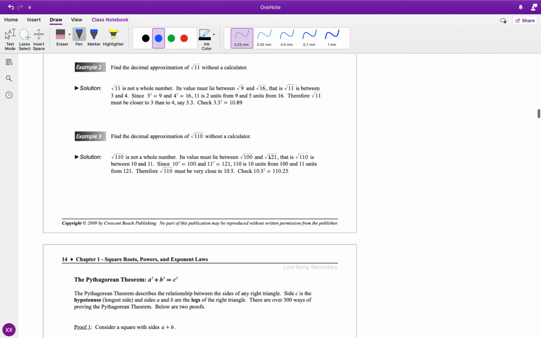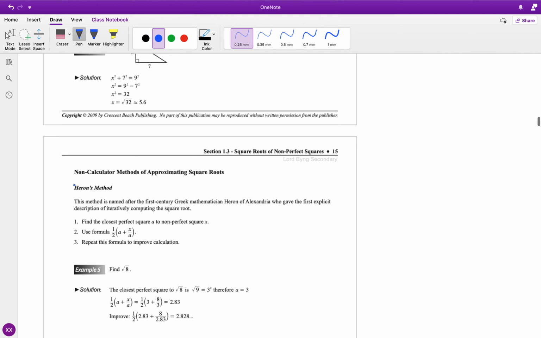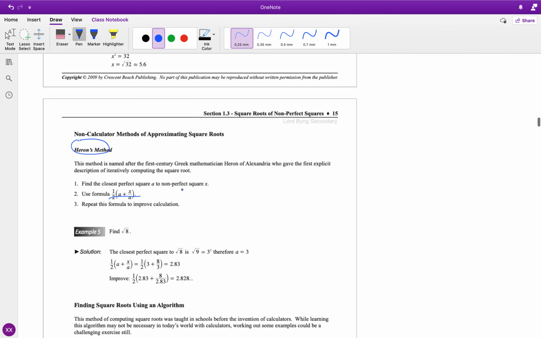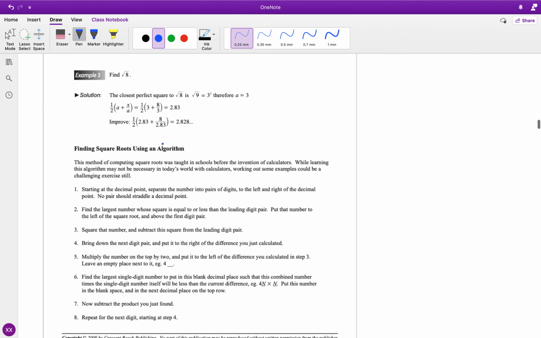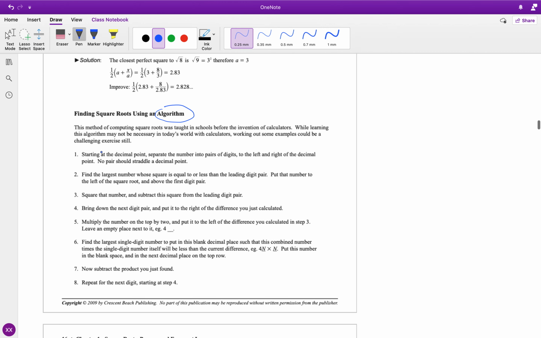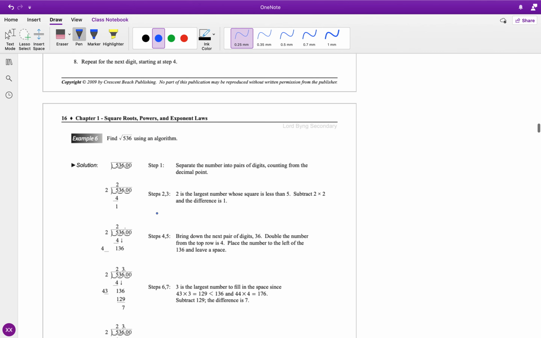Now, in the textbook, we talked about a method that just uses a formula, which I find too boring because it doesn't even tell us how the formula came about. So I don't want to do that. The next one uses an algorithm. Look at the number of steps.